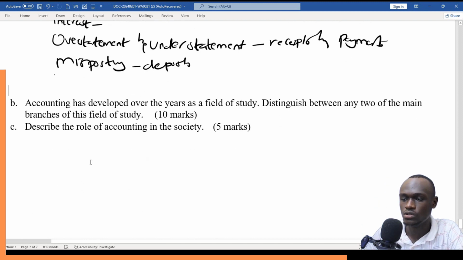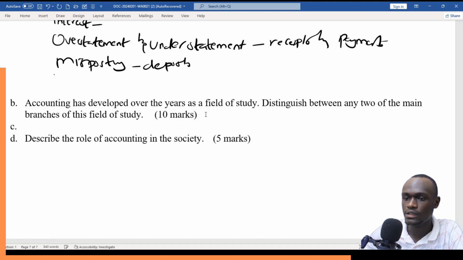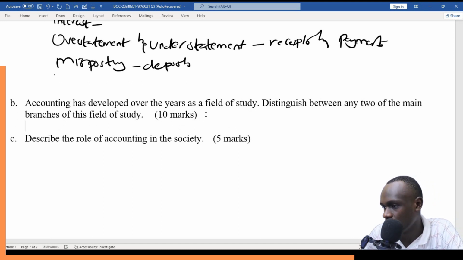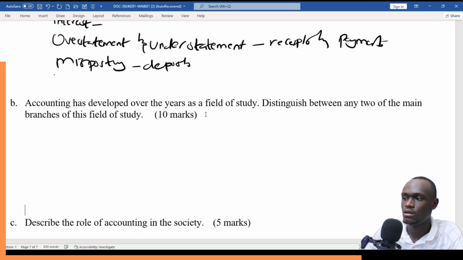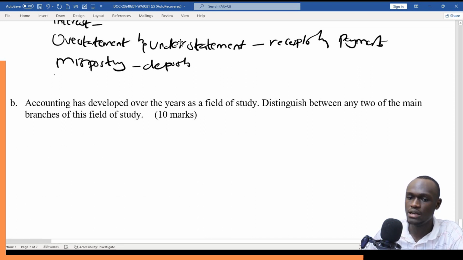So we move to question 5b. Question 5b says accounting has developed over the years as a field of studies. Distinguish between any two of the main branches of this field of study. So first of all, what are these two main branches of accounting? We have so many branches of accounting.